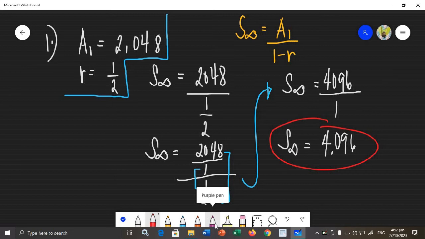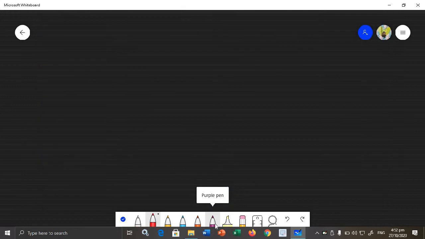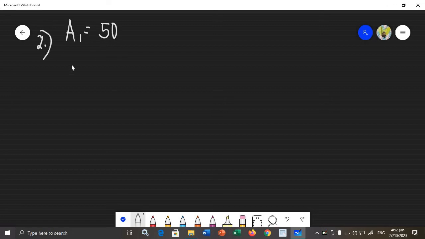Next, let's find the sum of the given infinite geometric sequence given that a sub 1 is 50 and then r is 1/2 again. So using the formula, let's solve for the sum of infinite terms.